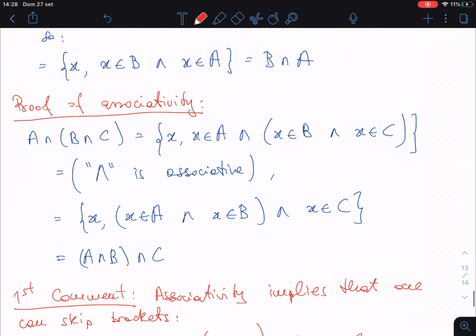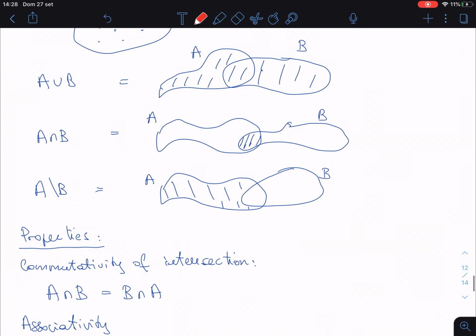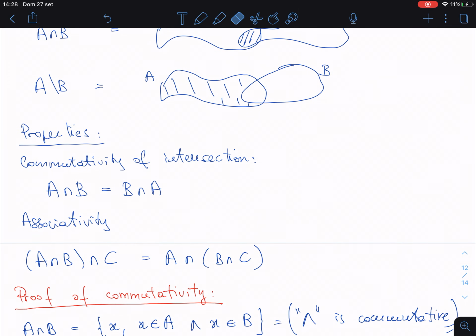So as a consequence, the properties of commutativity and associativity of intersection also hold for union.